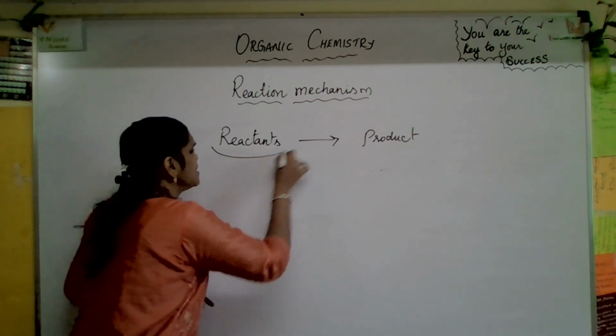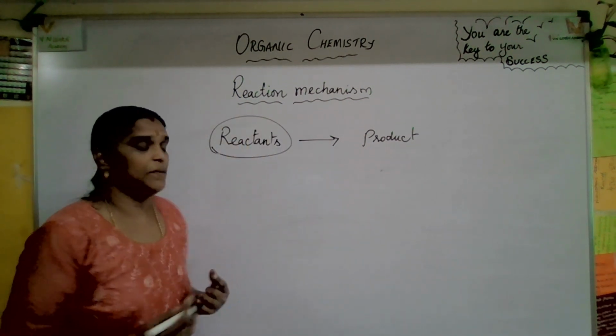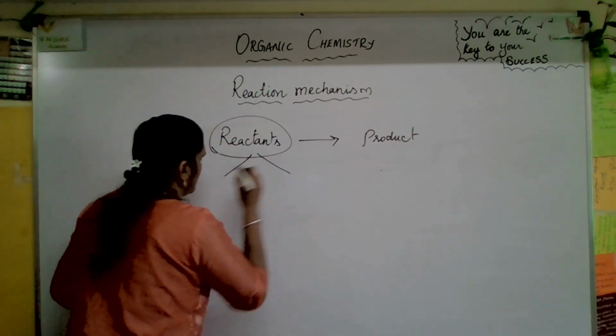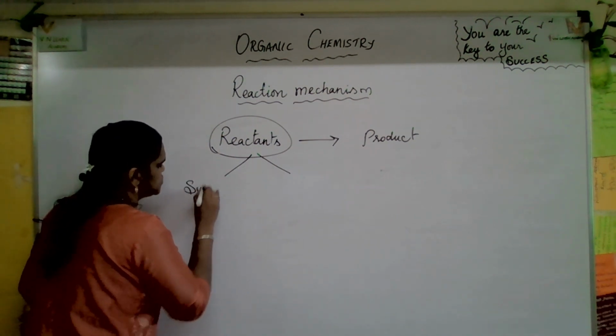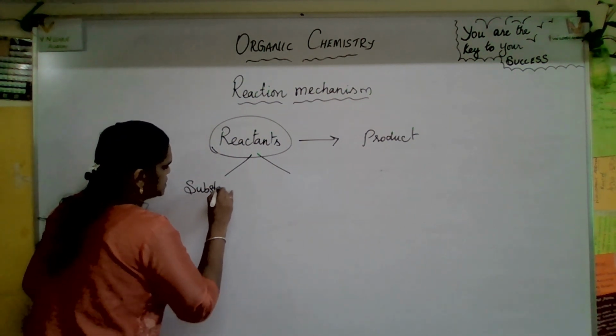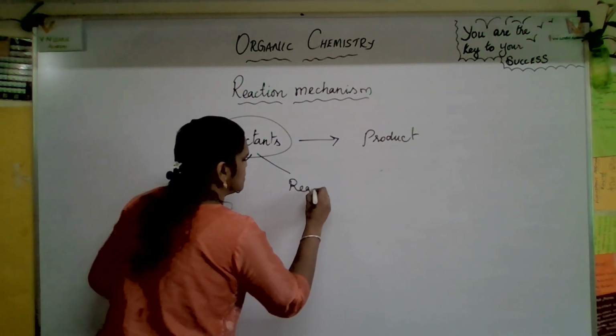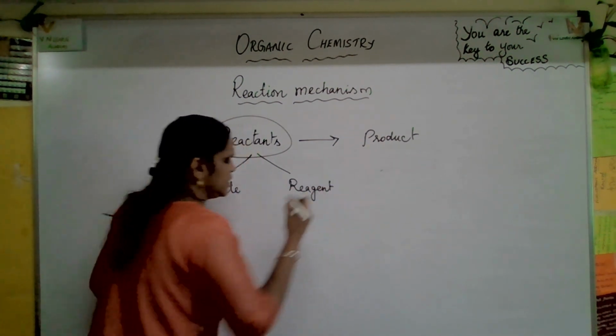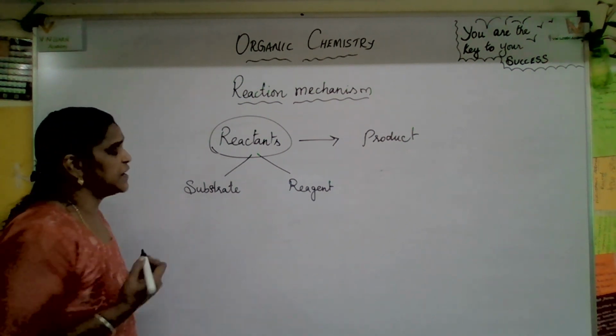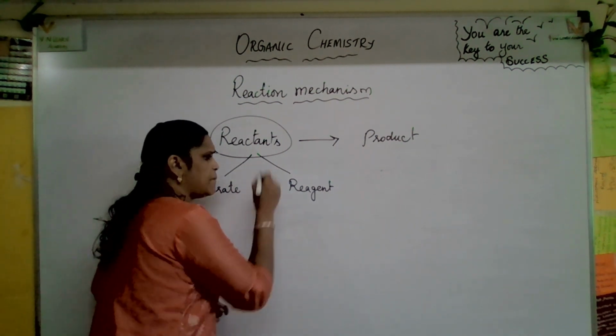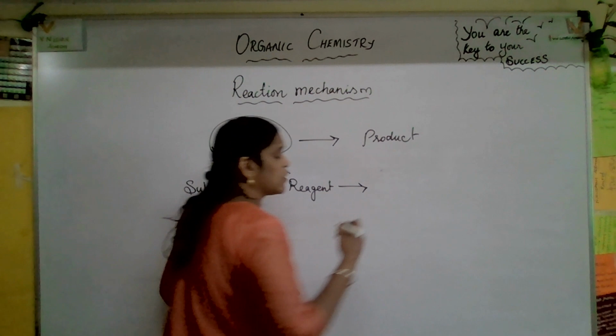So what are the reactants available? One is the substrate, the other one is the reagent. So these both combine and give the product. What product?